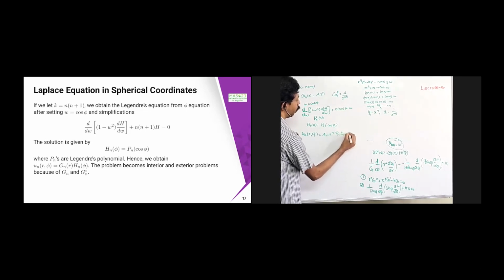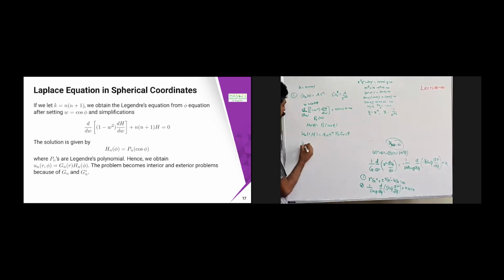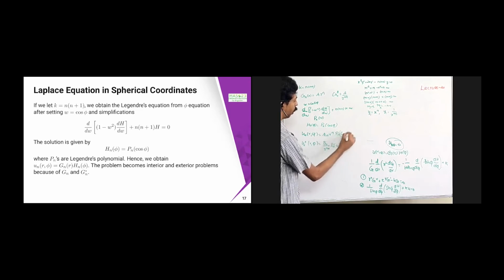And I have one more, u_n star, that is going to be B by r power n plus 1 into P_n of cos phi. So two things are there. Therefore u is going to be, you are going to put the summation.